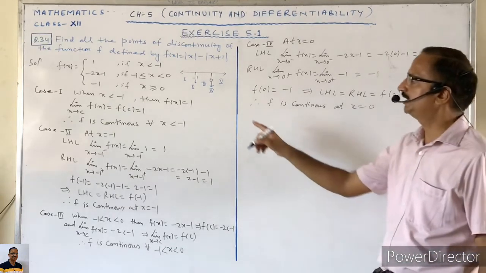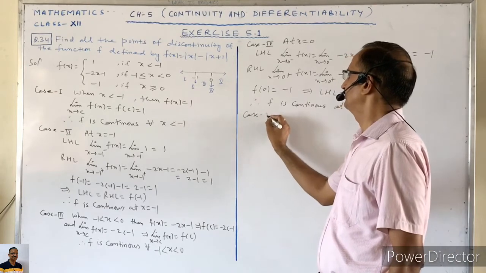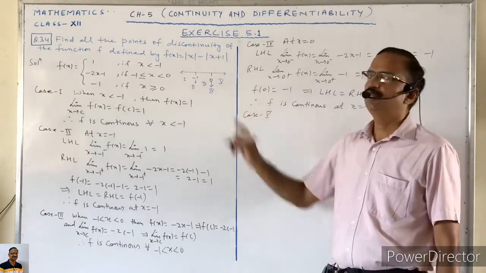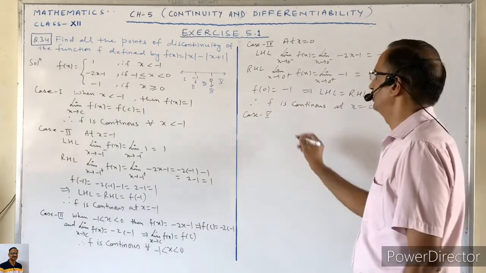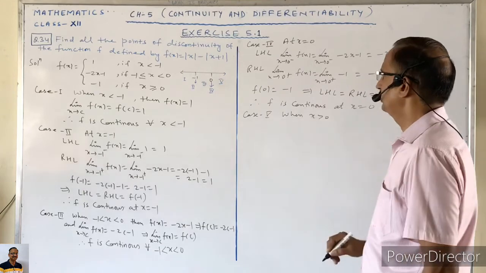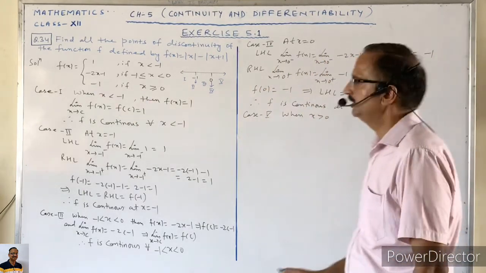Now we will consider the fifth case. Case 5. It means when x is greater than 0. So when x is greater than 0, it means the function is minus 1.